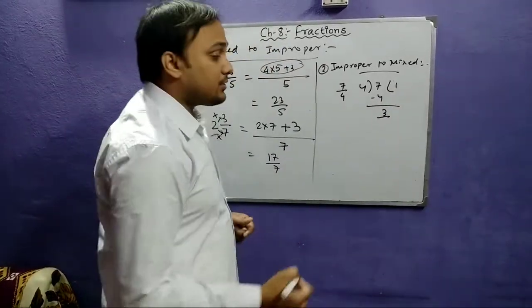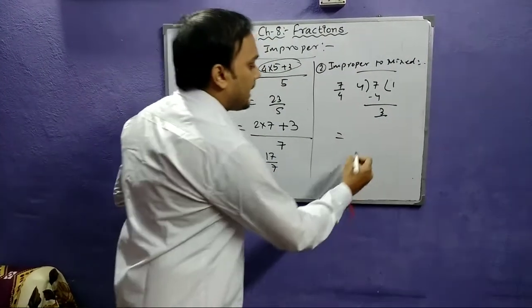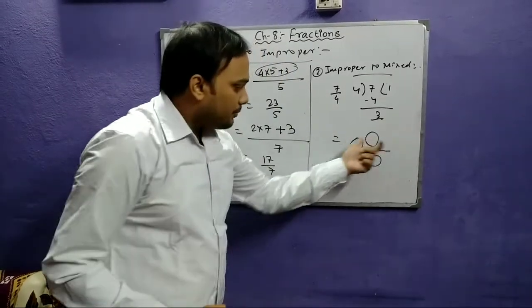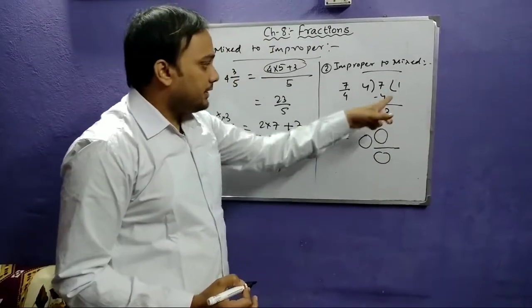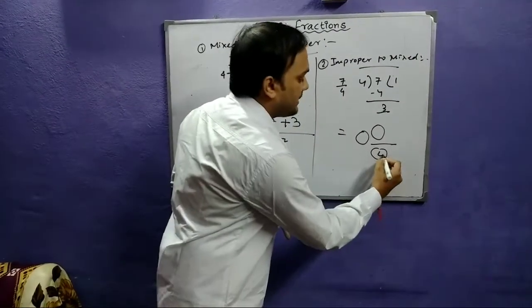So the process is, when we convert into a mixed fraction, there are 3 numbers you have to write. One here and one here. This is the format of a mixed fraction. The number at the denominator, that is 4, will remain at the denominator itself.